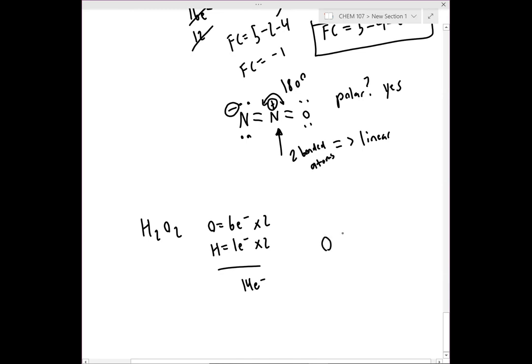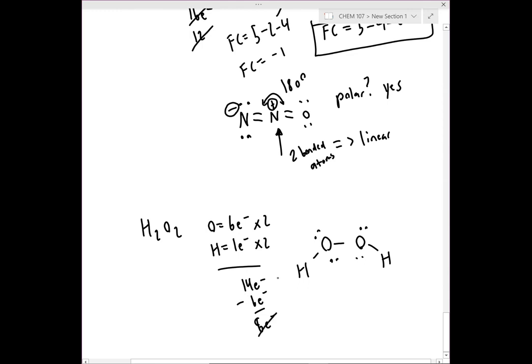So we place our 2 oxygens as our central atoms, and we place 1 hydrogen each, and we form 1 bond each. That in turn uses up 6 electrons. And we have 8 electrons remaining, and we place our remaining 8 electrons on oxygen.